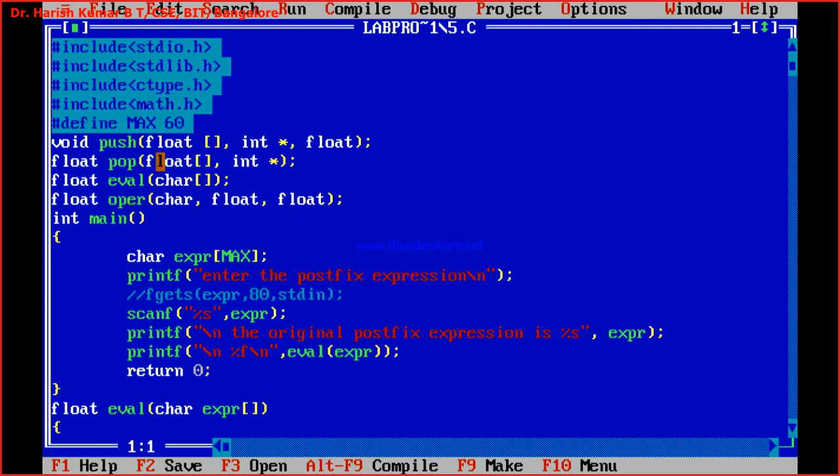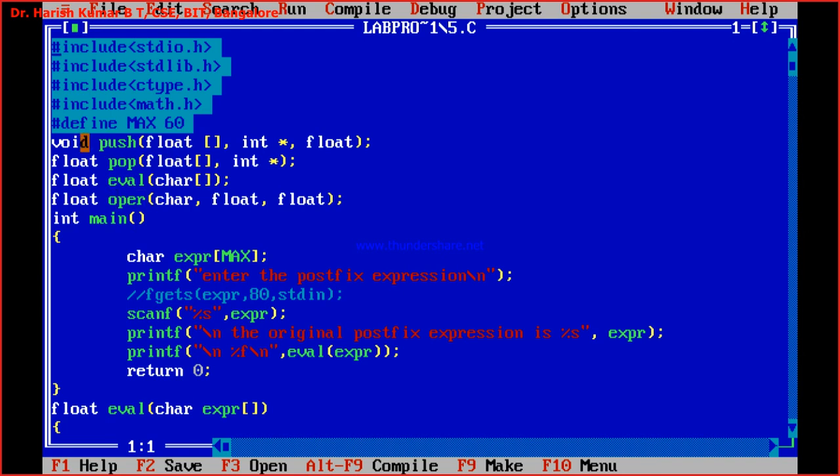So these are the function prototypes. Push is required because whenever you encounter an operand, you have to push it onto the stack. Similarly, pop is required because whenever you encounter an operator, you have to pop 2 elements from the stack. Then eval is another function, which is going to evaluate the expression, and another function we have is operator.